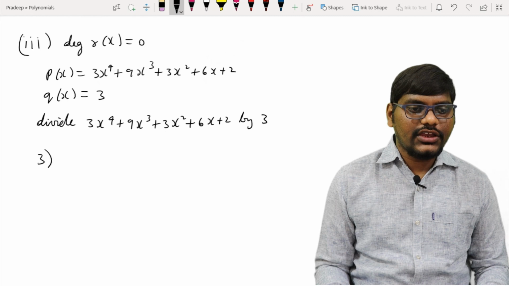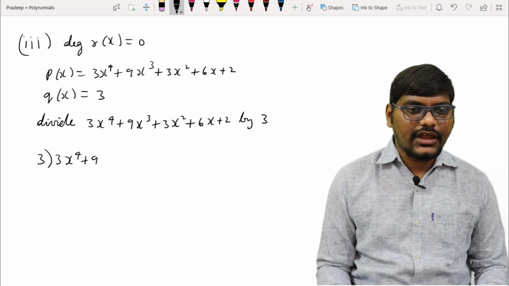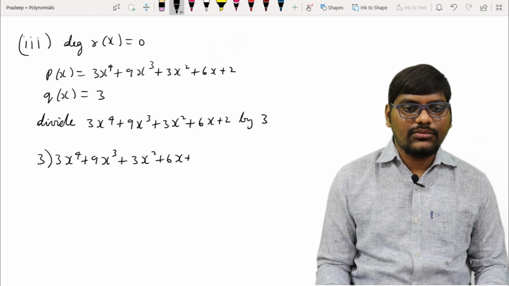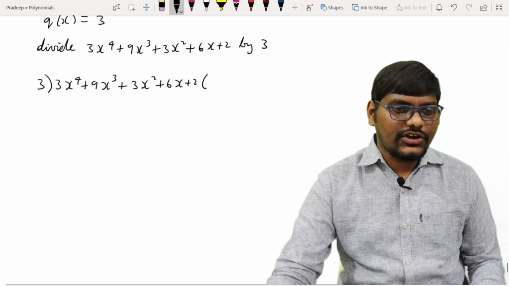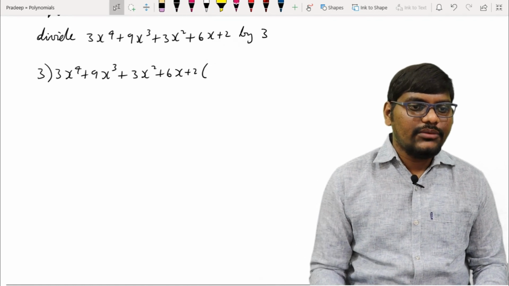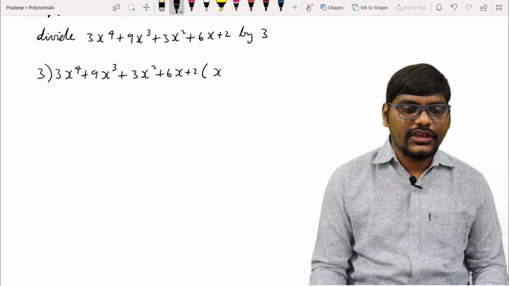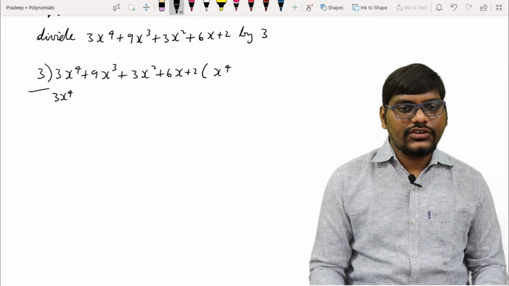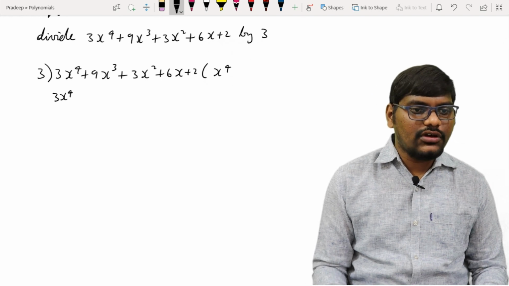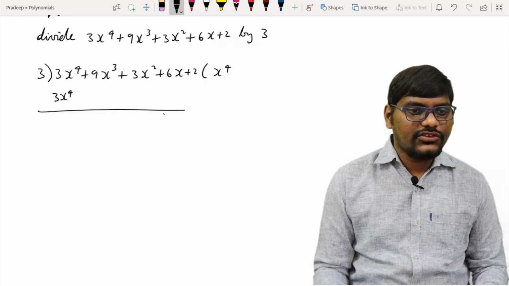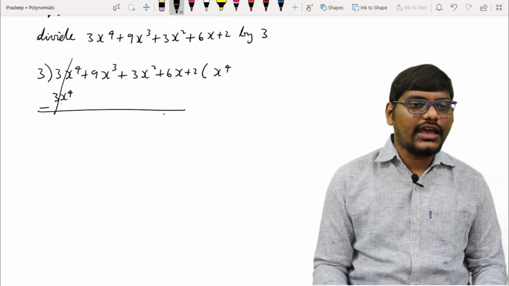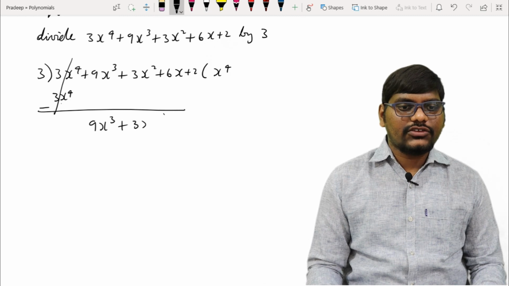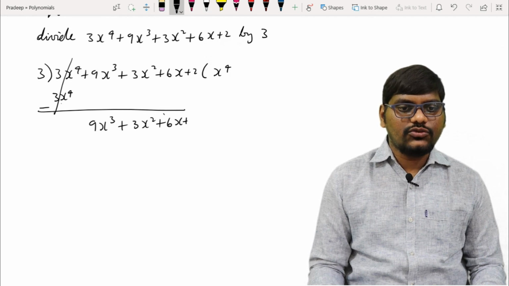So I'm writing over here 3 into x power 4 is 3x power 4. So that we can change the signs, that is, if we take minus, these both get cancelled. The remaining is 9x cube plus 3x square plus 6x plus 2.